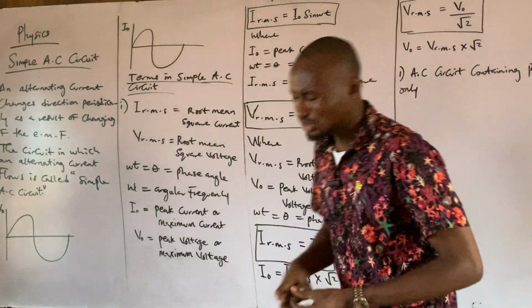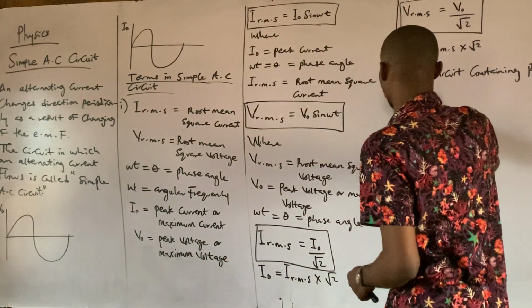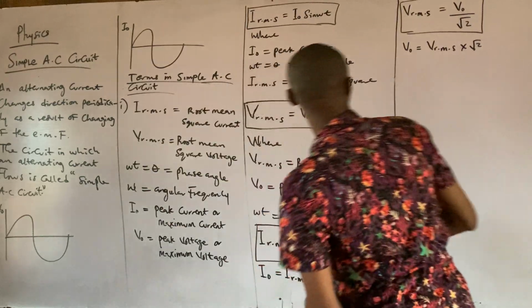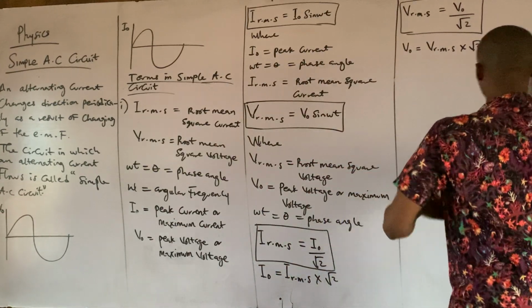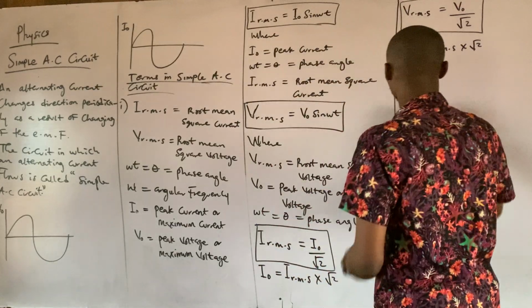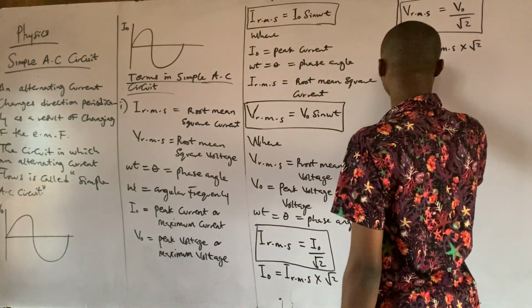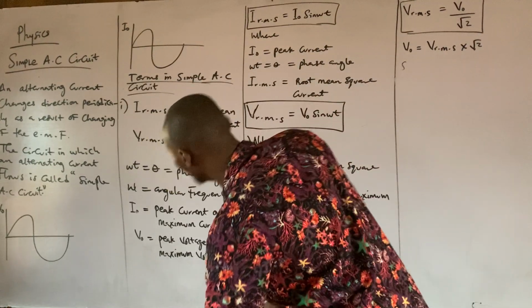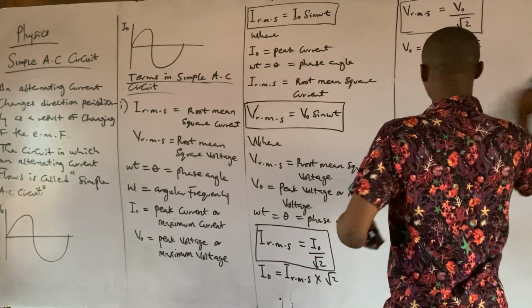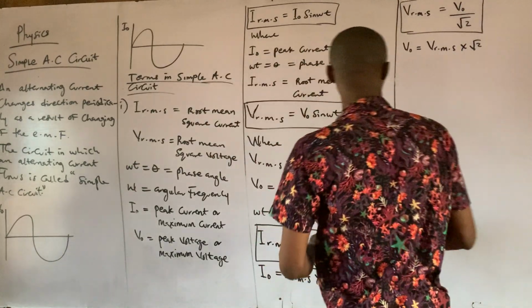But before that, I want you to know something. Wait, let me show you something before that. This will help you to have a balanced understanding of what I'm about to do. Symbols to know in AC circuit.